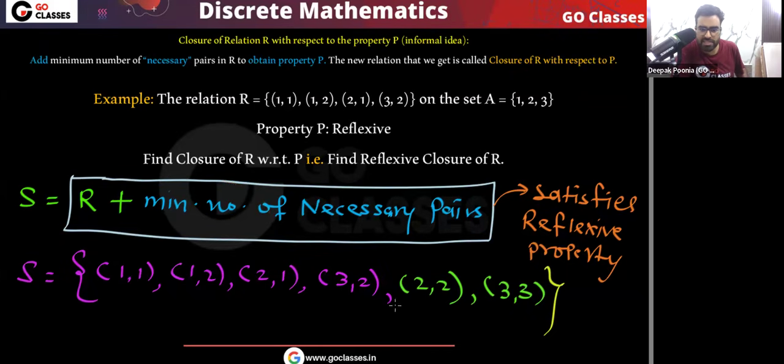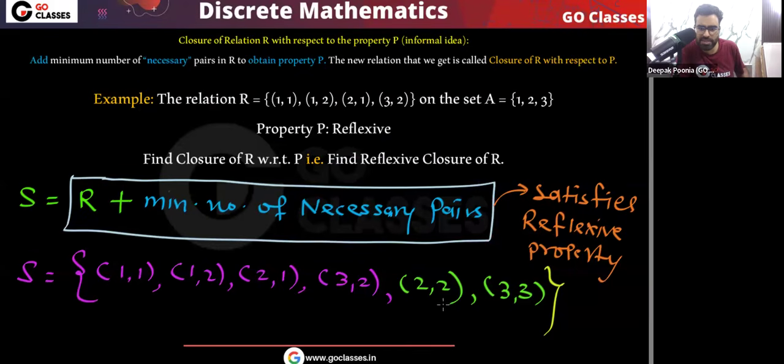Don't add anything else, because remember, we want to add only the minimum number of necessary pairs, and these two are necessary pairs.